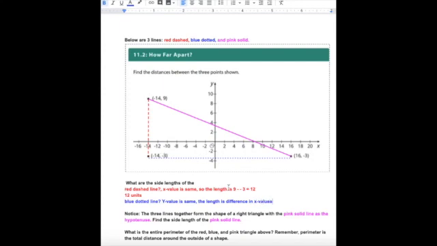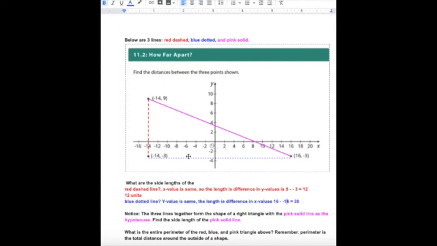Just like above, the length up here was the difference in the y values. Down here, the length is the difference in x values. So we would do 16 minus negative 14. And the order you subtract doesn't really matter because you would get 30 in this case. If you did the other order, you would get negative 30. Just make sure you're using a calculator to double check your math.